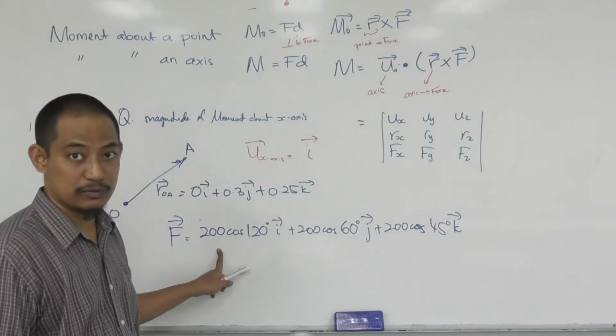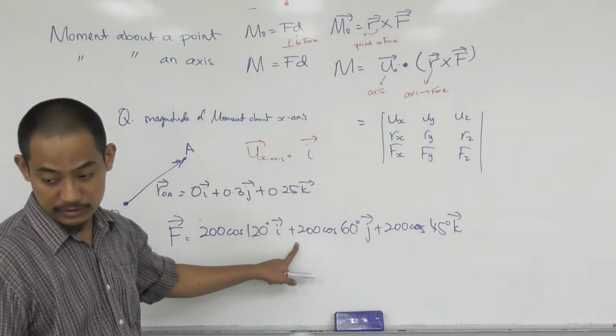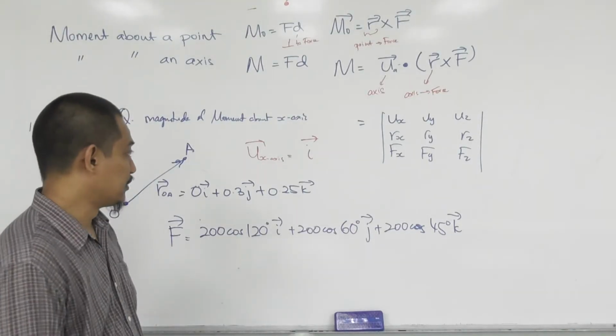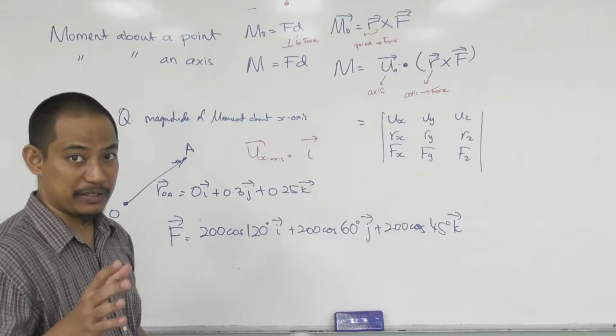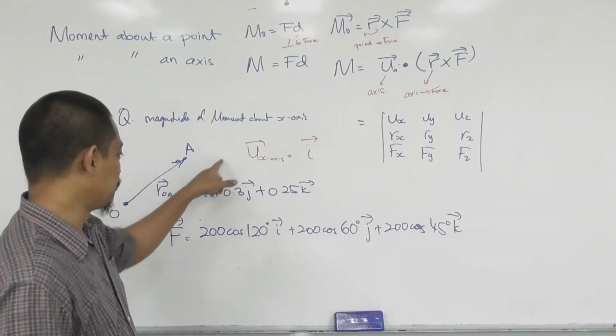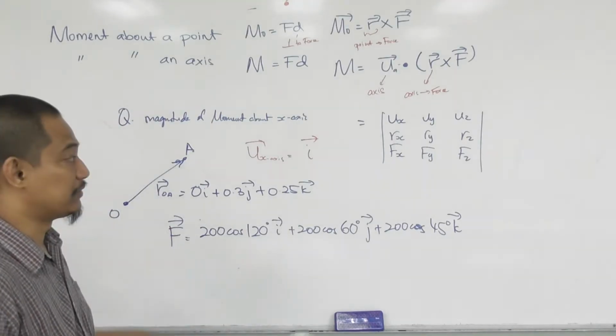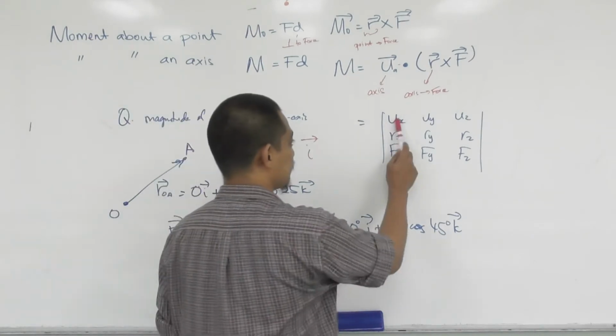So 200 cos 120, 200 cos 60, 200 cos 45. So right now you already expressed the three vectors that you need, U and R and F, right? So you just plug in here.